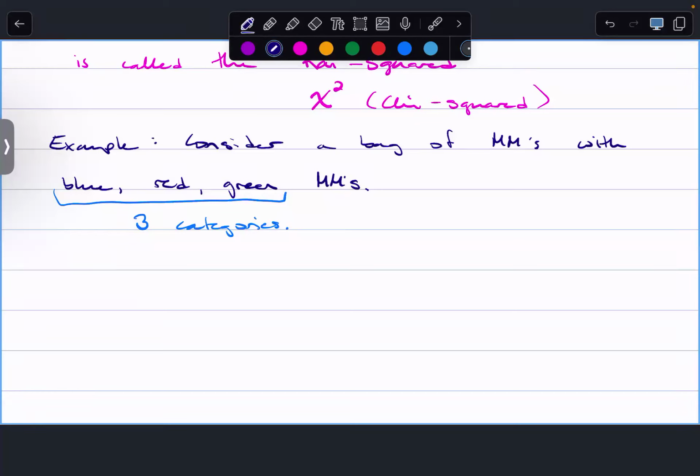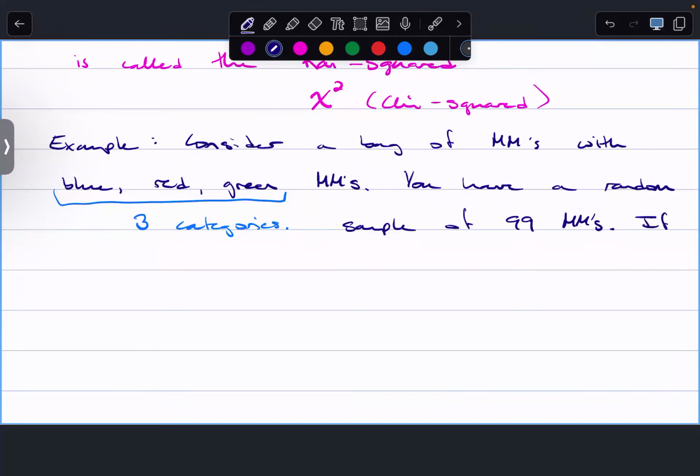What if you want to know, so let's keep it simple, you have 99 M&Ms. Why? Because it's divisible by 3, right? 100 would make a mess, but you have a random sample of 99 M&Ms. If the M&M colors are evenly distributed, how many would you expect of each color, right?